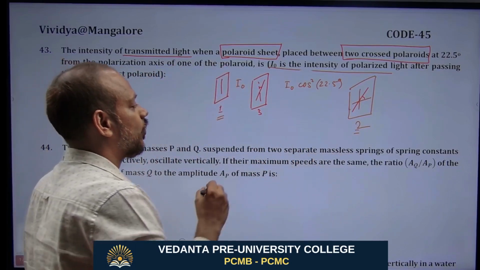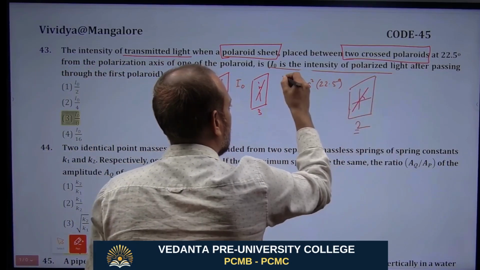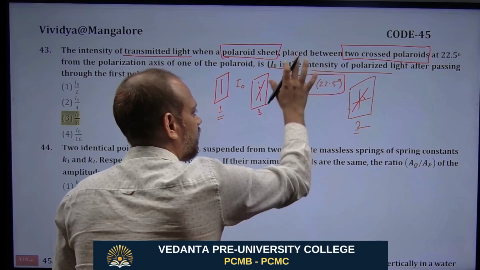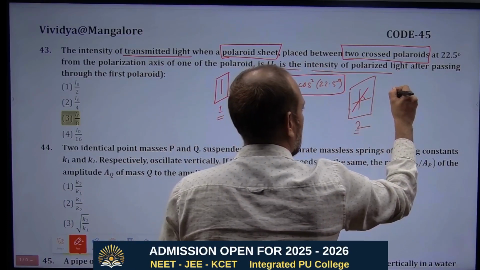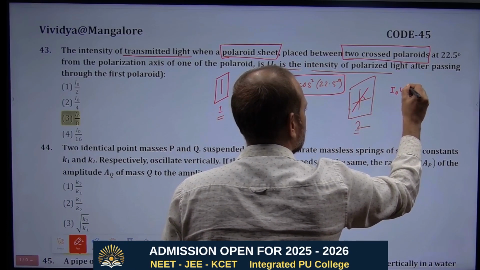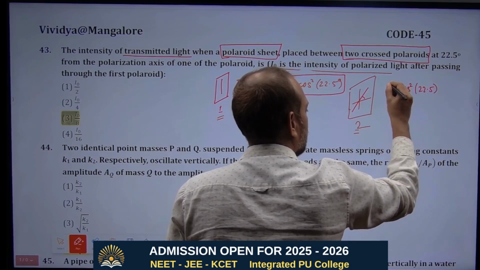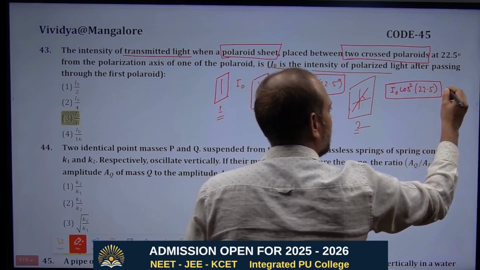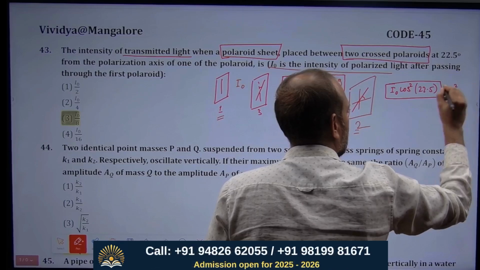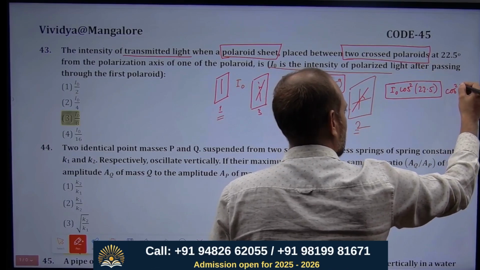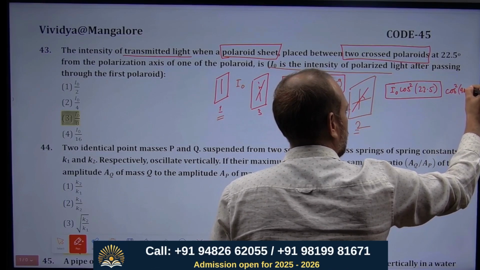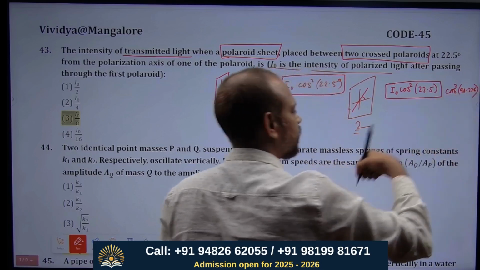So what will pass through? Again you apply Malus's law: whatever is here, which is I naught cos square 22.5, multiplied by cos square of 90 minus 22.5. Like this you write.